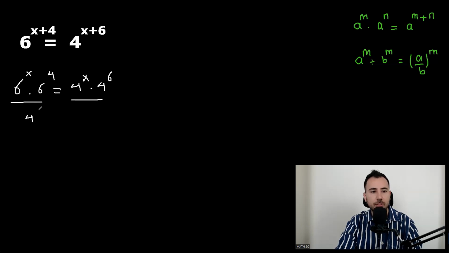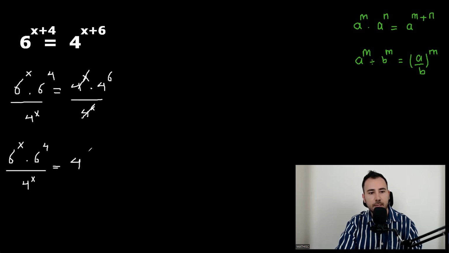And what do I have? 6 to power of x multiplied by, or divided by, let's just write it here, 6 to power of 4, okay, over 4 to power of x equals 4 to power of 6.